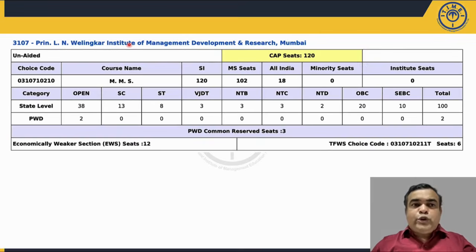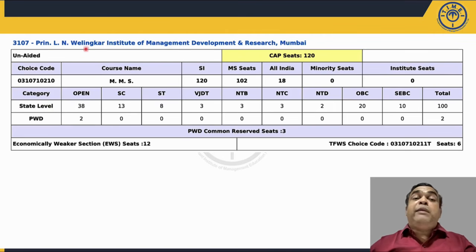But if I show you a college like Welingkar, can you see the seat distribution? How is this seat distribution different from the previous one? Can you see there is no bifurcation as home university and outside home university? All seats are state level seats.